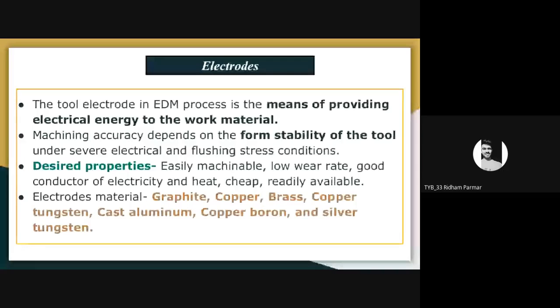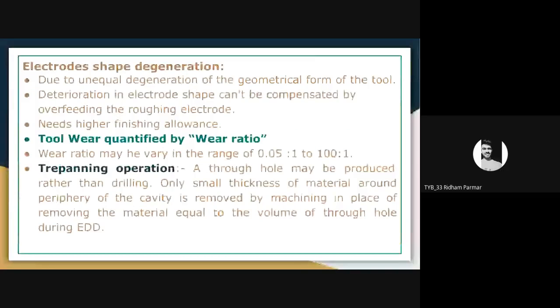So normally graphite and copper are mostly used, because of their most important property, that they are easily machinable. Now let us discuss electrode shape degeneration. Now what is electrode shape degeneration?